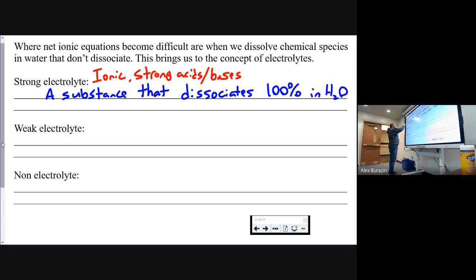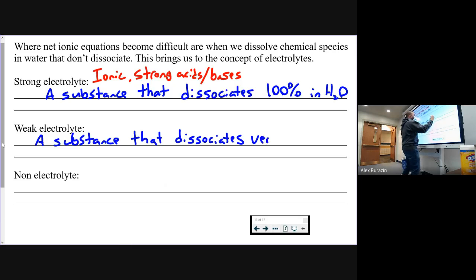Weak electrolytes. This is a substance that dissociates very little in water. Now, what does that mean? Well, generally speaking, this is like less than 5%.